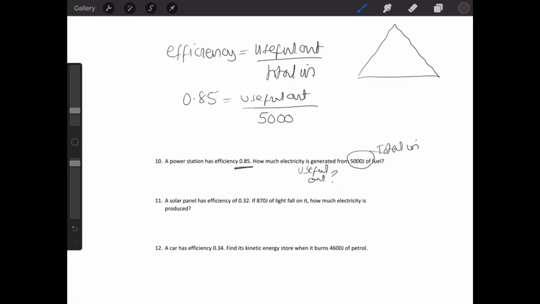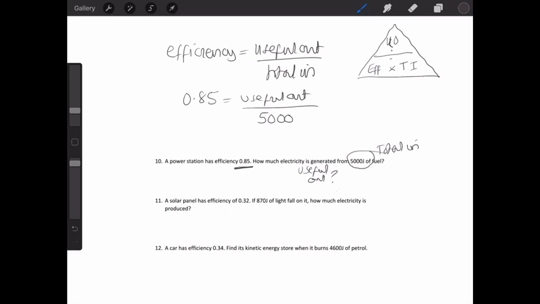But if we were using a triangle, if we were to cover over efficiency, we'd need the triangle to tell us the useful energy out divided by the total energy in. So there's only one place left in the triangle for efficiency to go. If we put a times and a divide in our triangle, if we cover over efficiency with our finger, we are being shown the useful energy output divided by the total energy input.